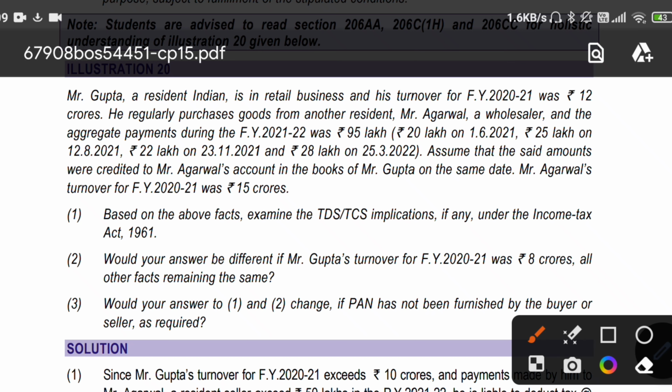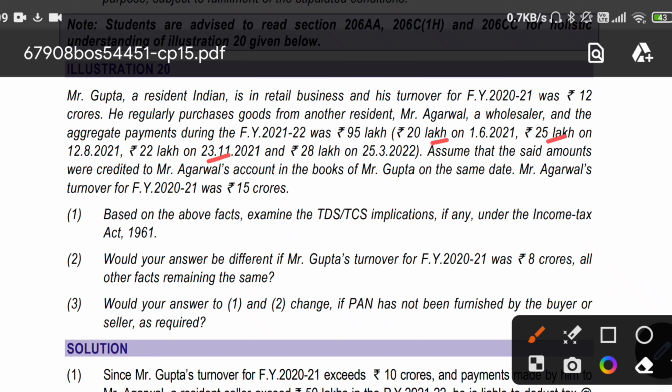Next, he regularly purchased goods from another resident, Mr. Agarwal, a wholesaler. Aggregate payments in the financial year is 95 lakh, which is of course more than 50 lakhs. So 20 lakh, 25 lakh. So on the first 20 lakh, no TDS will be applicable. Then again 25 lakh, we have added 45 lakh, no TDS applicable. And after that, on 23 November, 22 lakh more purchases, right?